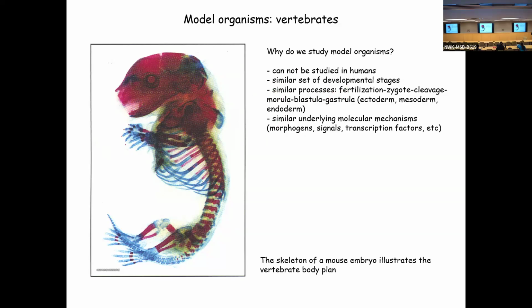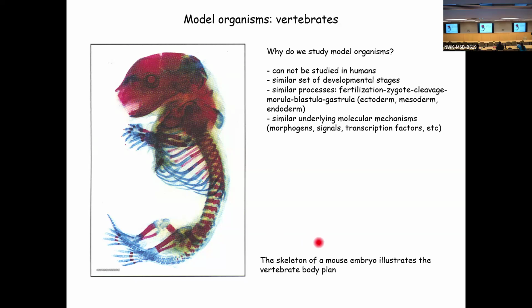As we went through, we have a similar fertilization process, a zygote formation, cleavage, morula, blastula, gastrula after implantation in the endometrium. Okay, we have 3 layers of development: ectoderm, mesoderm, endoderm, and we have similar underlying molecular mechanisms. The morphogens, the signals, the transcription factors, all those are being shared by the different model organisms.